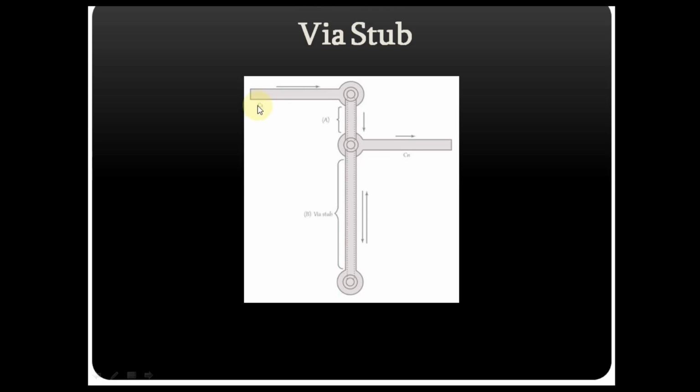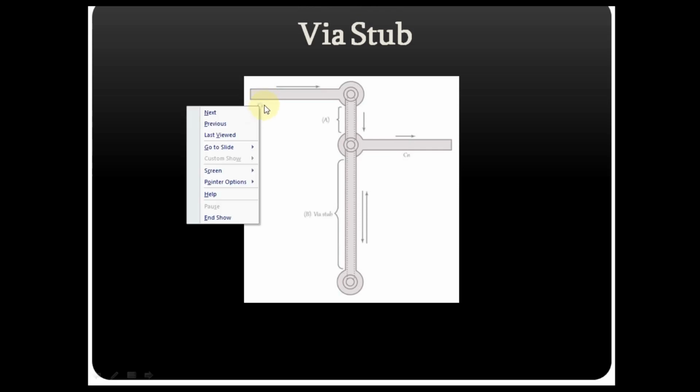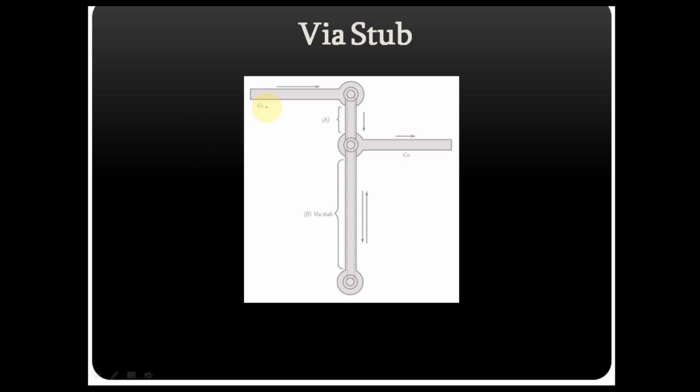Let me go deeper into the via stub. Let us say this point is C1, and one signal is traveling from C1. You can see your signal is traveling from here, and let us say this arrow mark is here.